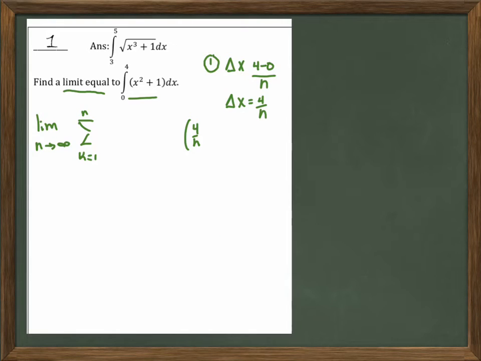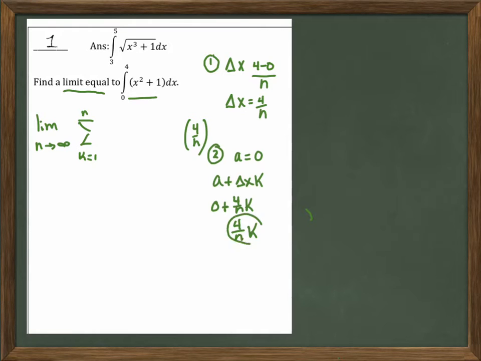Okay, so number 2 is figure out what a is. Now, a is always the lower bound, so a equals 0. Our inside term, a plus delta x k, would be 0 plus 4 over n k, or just 4 over n k.